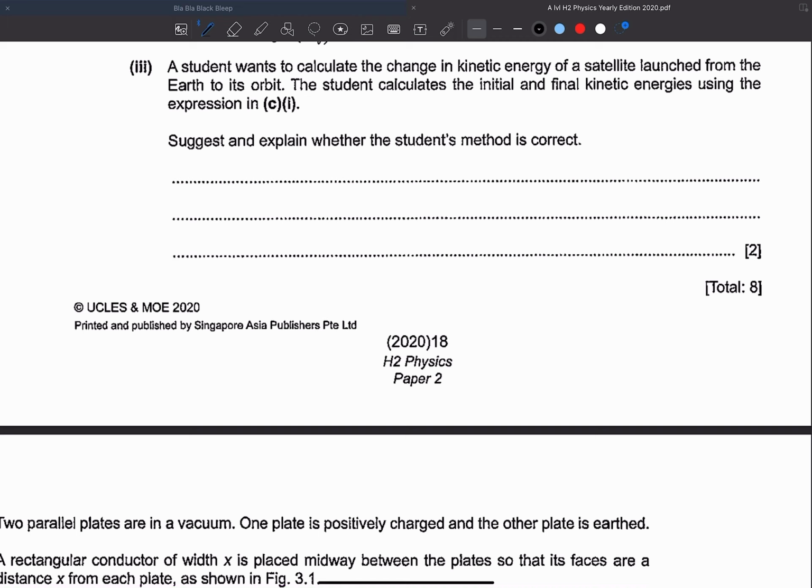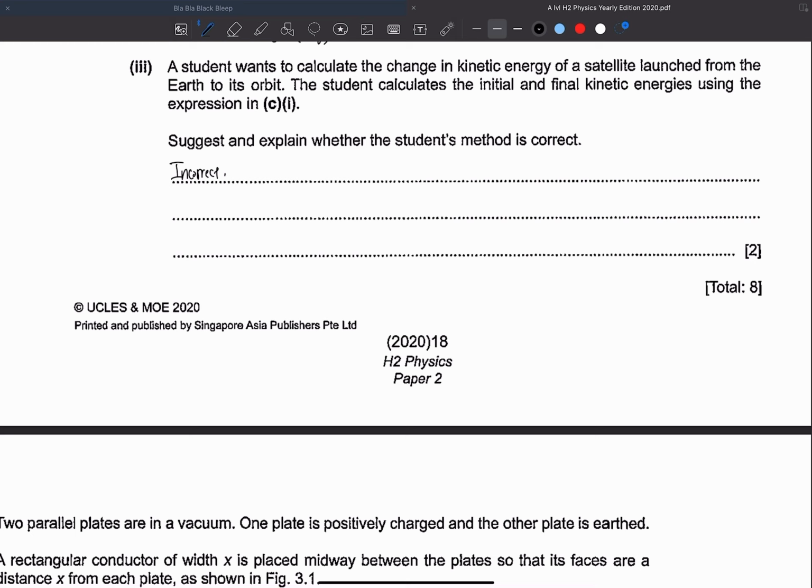So it would be incorrect. Why is it incorrect? It is because the formula used to calculate the kinetic energy of the satellite in orbit cannot be used when the satellite is on Earth.